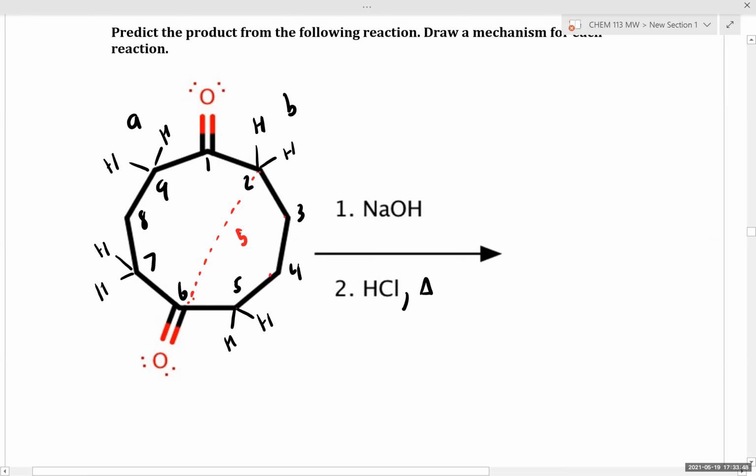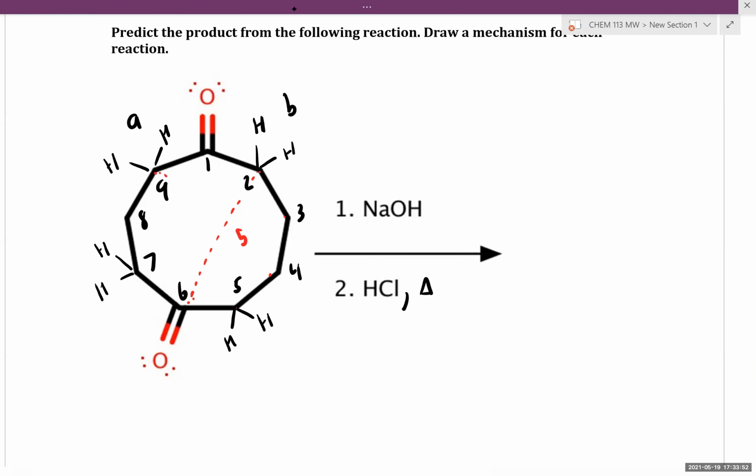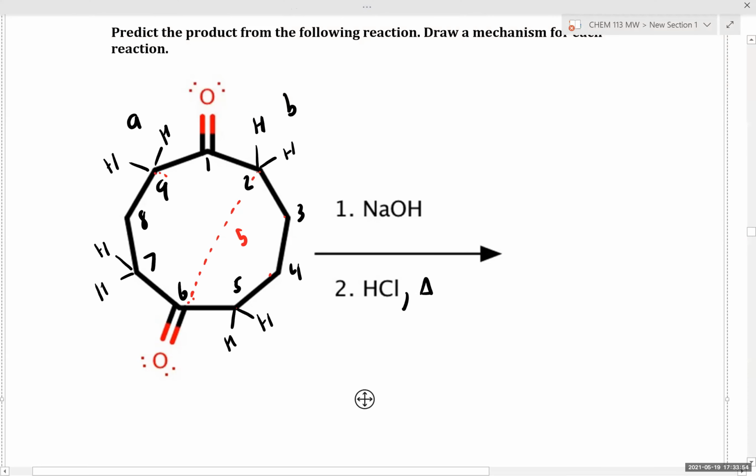So this is a 5-membered ring. That's reasonable. If we tried to form an aldol condensation product from position A, 1, 2, 3, 4.